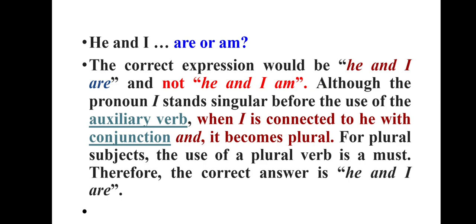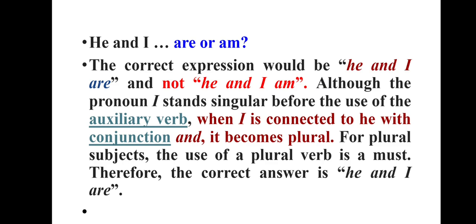Why? Because there will be two persons, he and I, right? For plural subjects, the use of a plural verb is a must. So please take care. Therefore, the correct answer is he and I are. I am telling you by example.